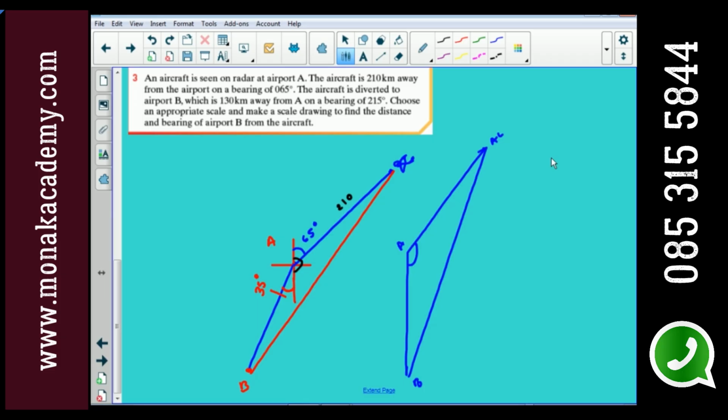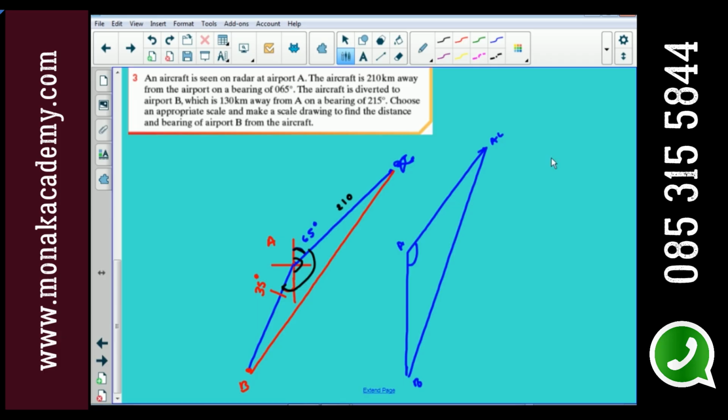So it's 250, 215. It's 150. The angle that we're talking about, Vedavi, is this one, going all the way there.